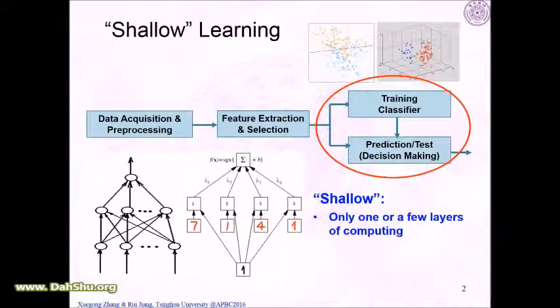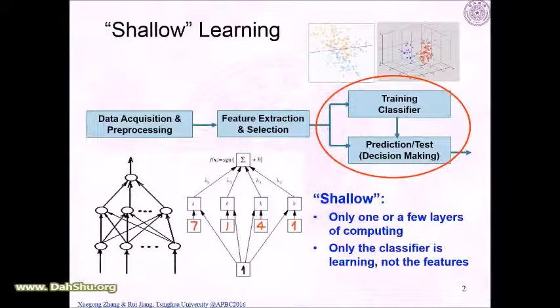And if you use a feature discriminant or logistic regression or whatever, these are shallow in the sense that they only involve one or few layers of computation. By the way, when we talk about deep learning, we are talking mostly about the supervised learning tasks.